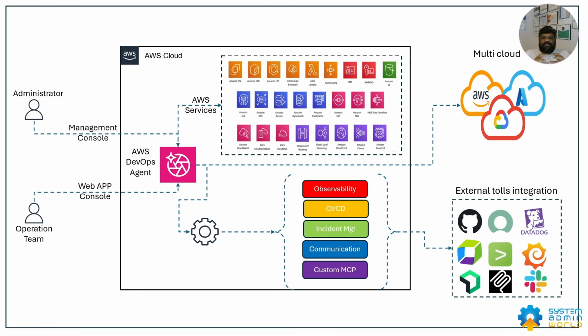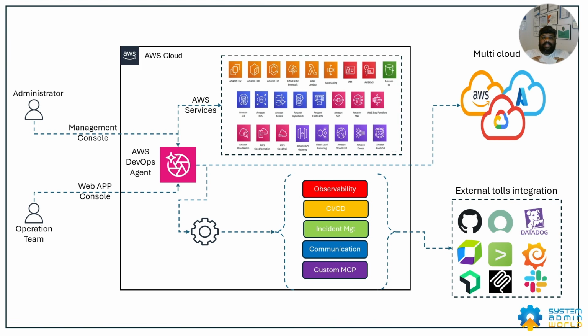The second layer is the AWS DevOps Agent, which is actually the core agent where we're going to set up the agent space on the service. We are going to see this practically once we go through this slide.